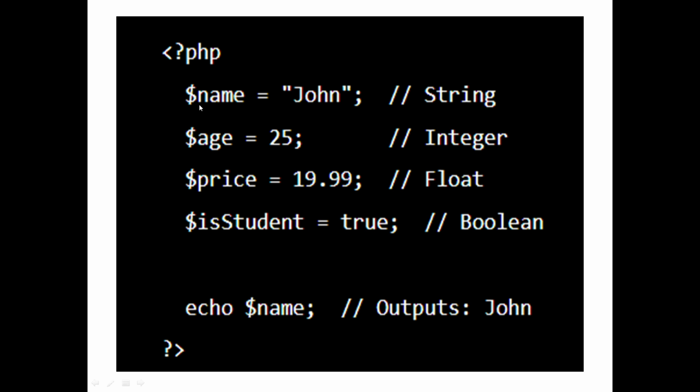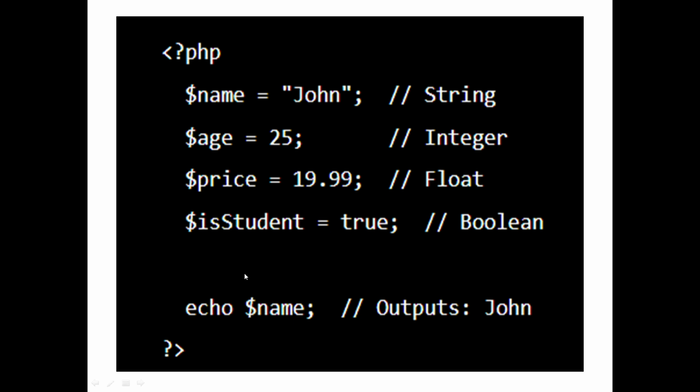Here we are storing the name of the person, John. The data type is not declared beforehand, so based on the values, the data type is automatically analyzed. Here John is a string data type. Next you can store number data types, floating point, and boolean. All kinds of data types can be used with variables.